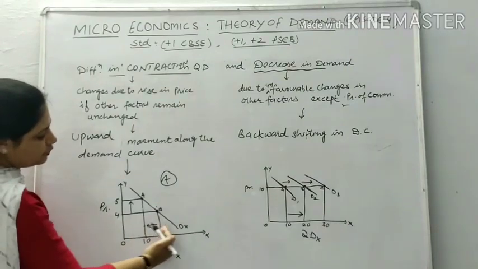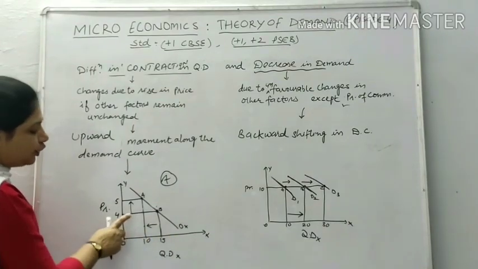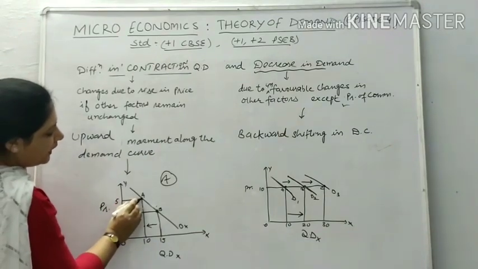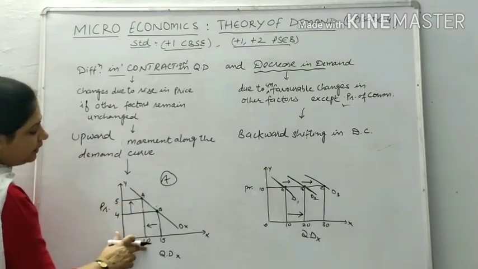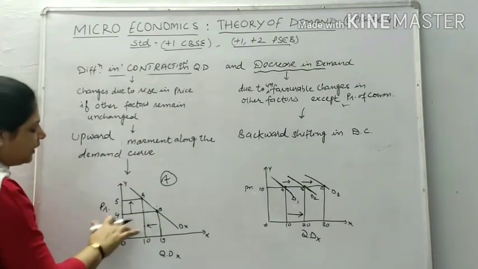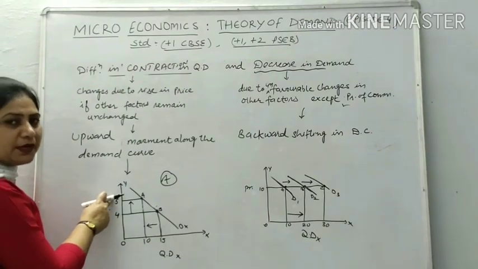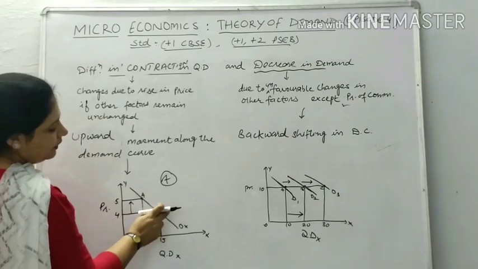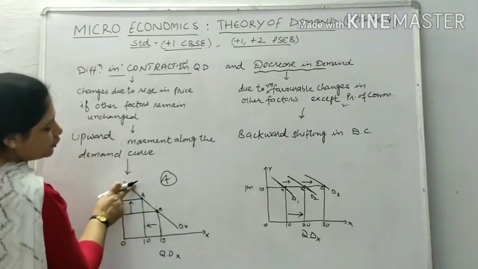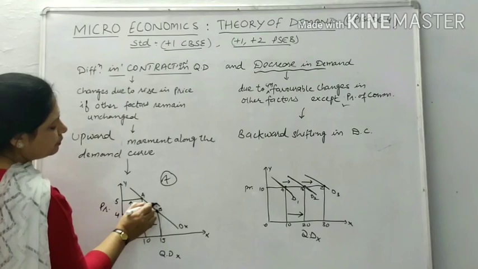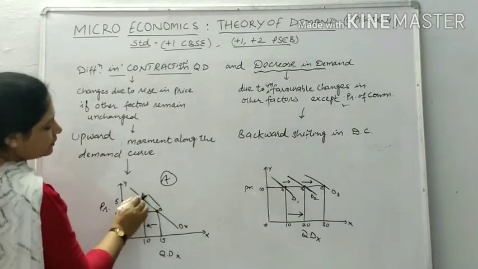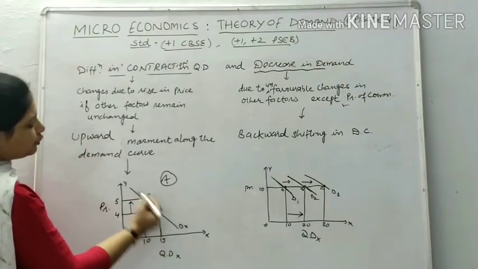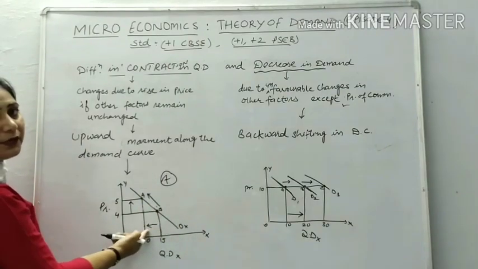This shows contraction in demand due to what? Due to the price of the commodity. Point A indicates the quantity demanded at this changed, risen price. His prior condition changes to this new condition, meaning the consumer's position shifted from B to A, and this upward arrow shows contraction in quantity demanded.